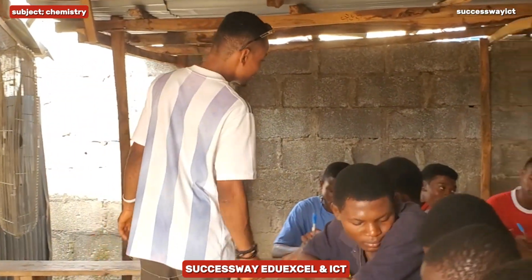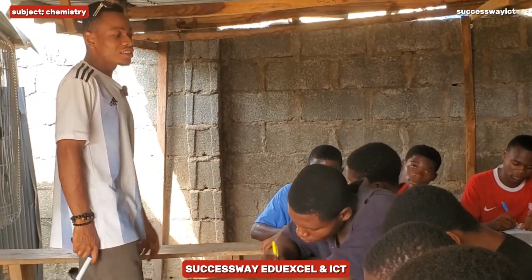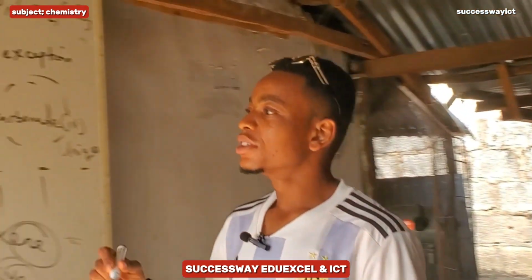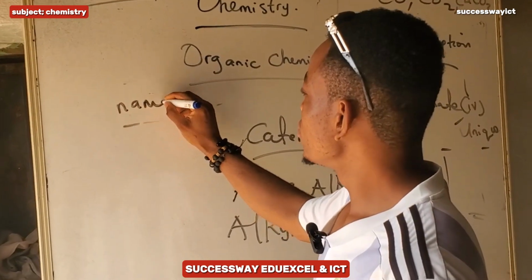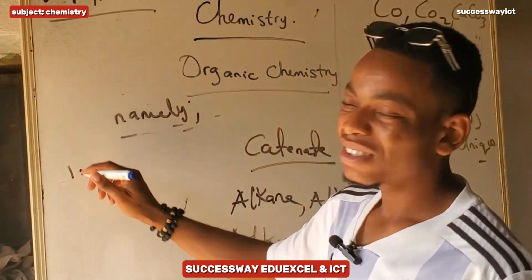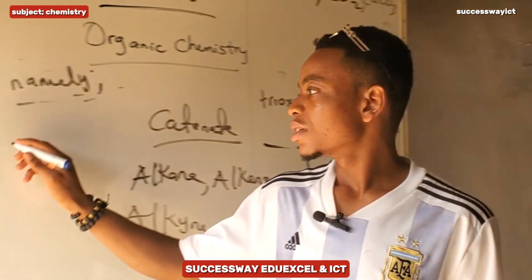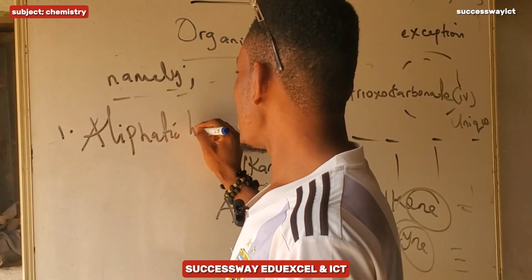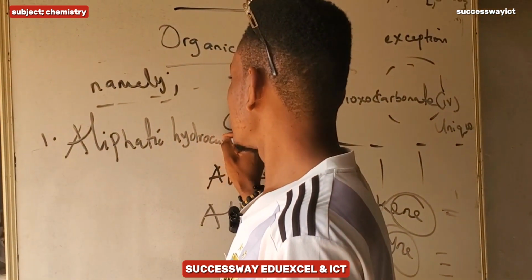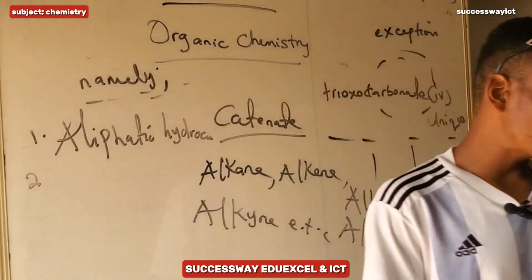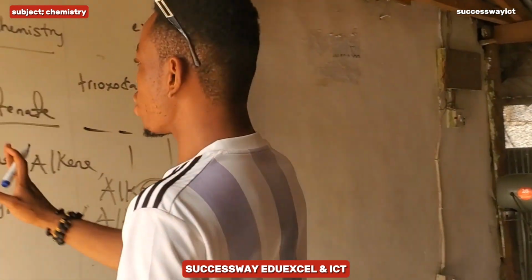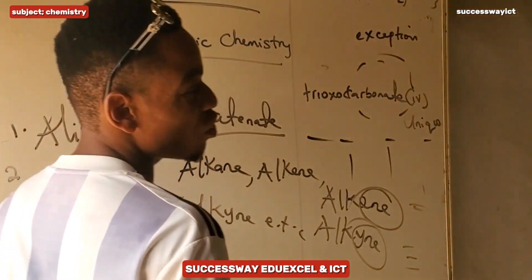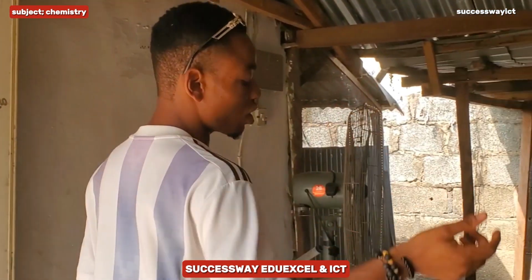Organic chemistry can be classified into two major types, namely: one, aliphatic compounds, and number two, aromatic compounds.